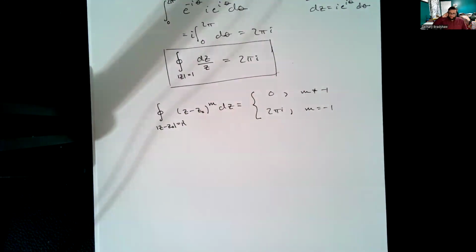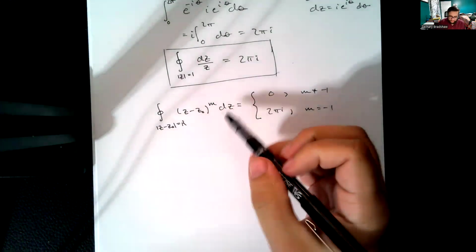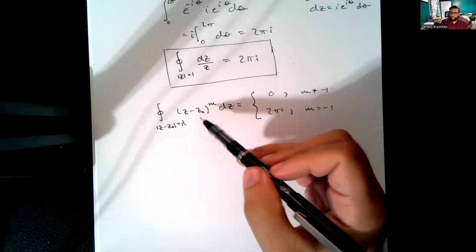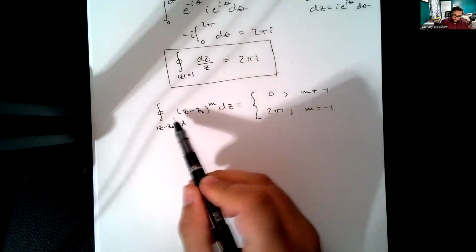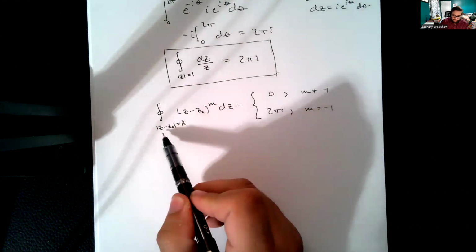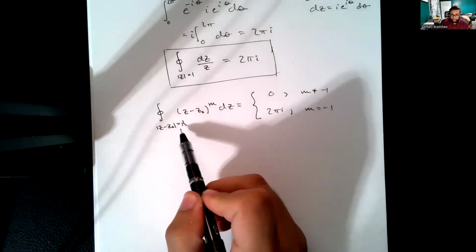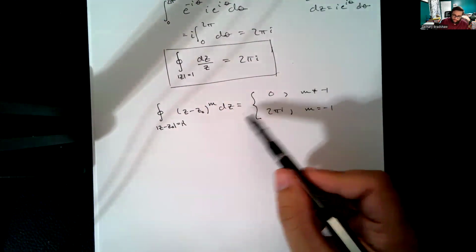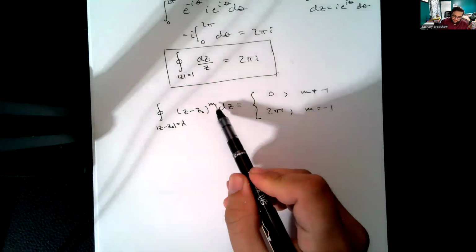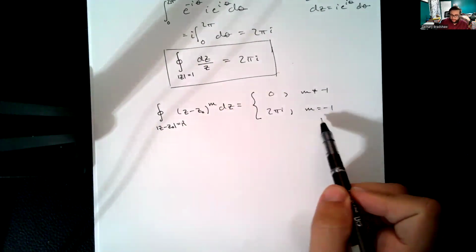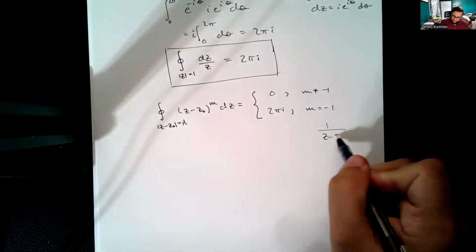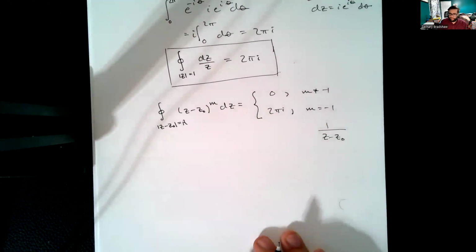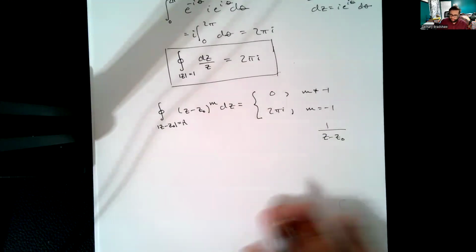If we integrate (z minus z naught) to the nth power, for some fixed z naught in the complex plane, around the circle centered at z naught with radius r, then this will come out to 0 when n is not minus 1, and it'll be 2 pi i when n is minus 1. Okay, so that's an important point.